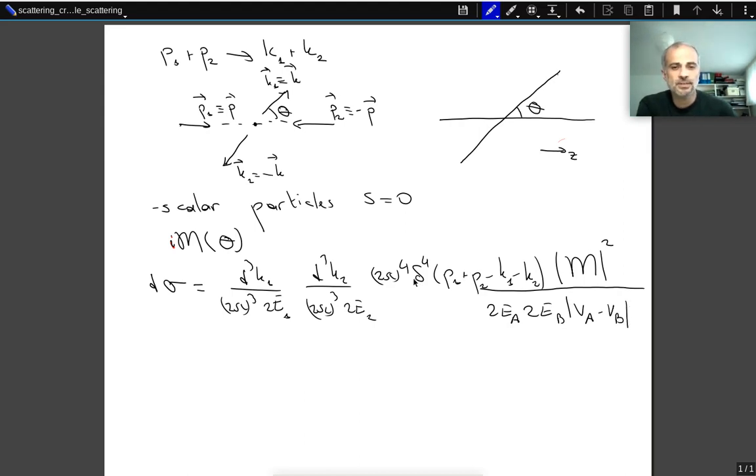Now, using this Dirac delta over here, this 4-dimensional Dirac delta, we can evaluate the k2 integral.